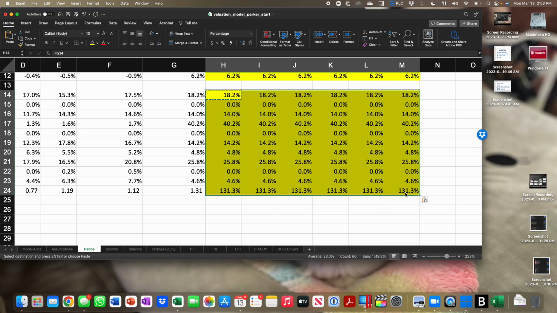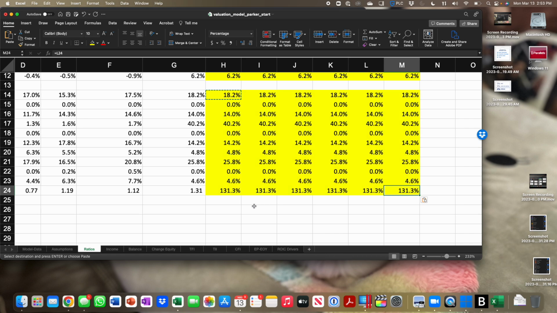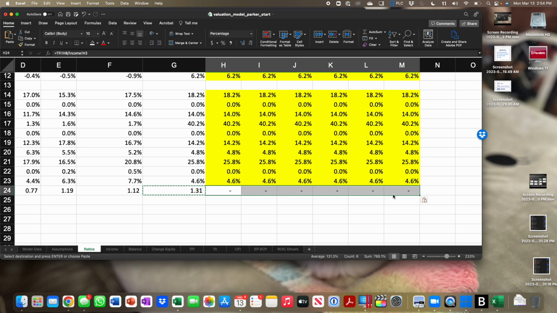Okay? Now I don't want to do this for row 24. I think I accidentally did row 24. Don't do it for row 24. The reason why is for row 24, I want to take the formula that's in G24, copy it, and paste it from H24 to M24.